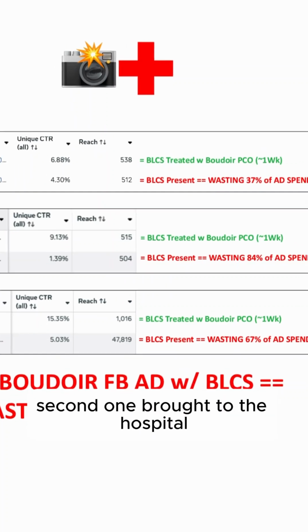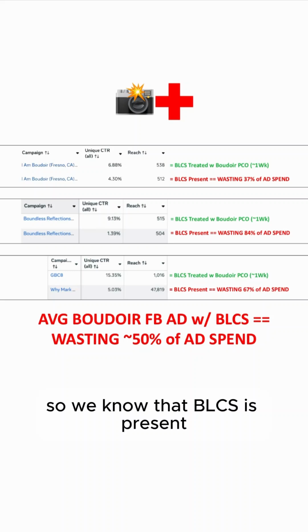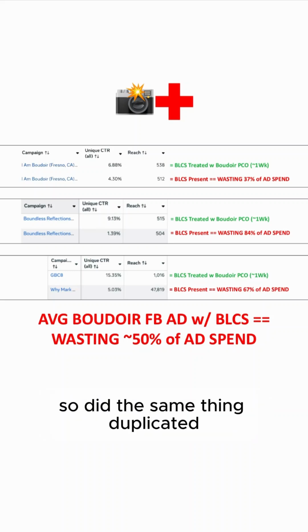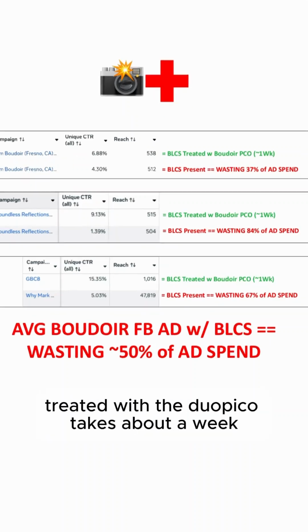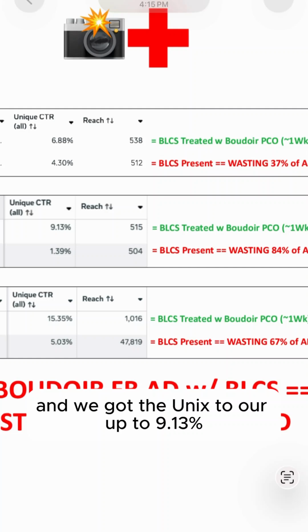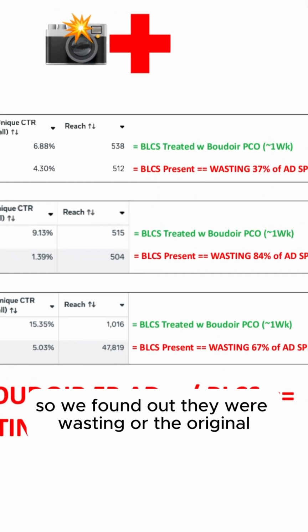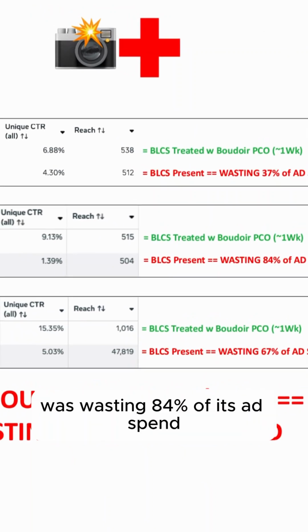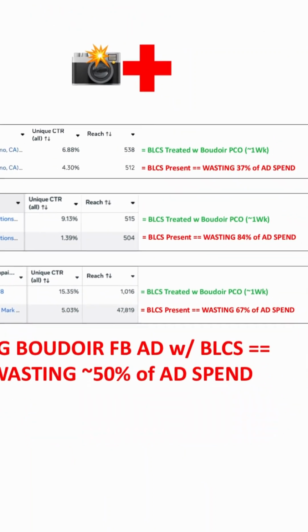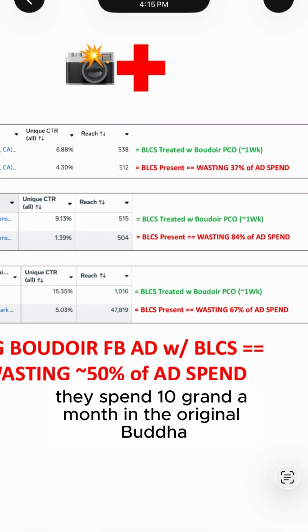Second one, brought it to the hospital, tested it, unique CTR 1.39%. So we know that BLCS is present. So we did the same thing, duplicated, treated it with Boudoir Pico. Takes about a week, and we got the unique CTR up to 9.13%. So we found out the original was wasting 84% of its ad spend. And as a result, they spend 10 grand a month on the original Boudoir Facebook ad.